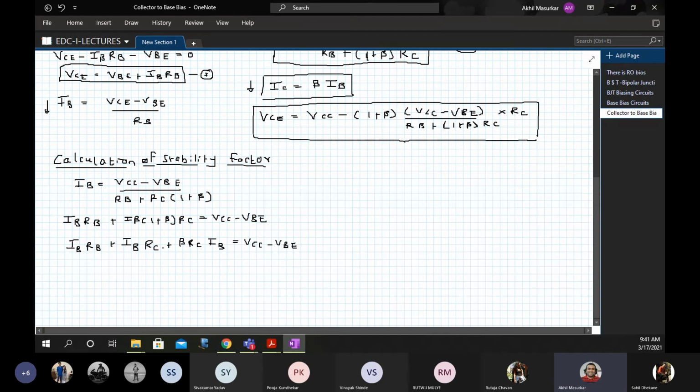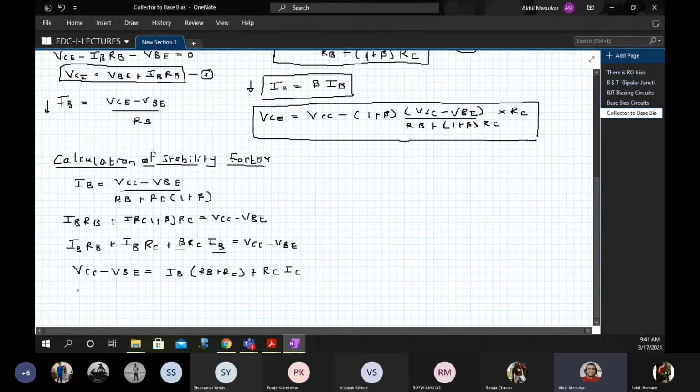So I'm just taking these two terms on the other side, and we can write this as VCC minus VBE equals, I'm taking these IB terms together. So I'm writing here IB into RB plus RC, and this beta into IB is IC, so I'll write RC IC.